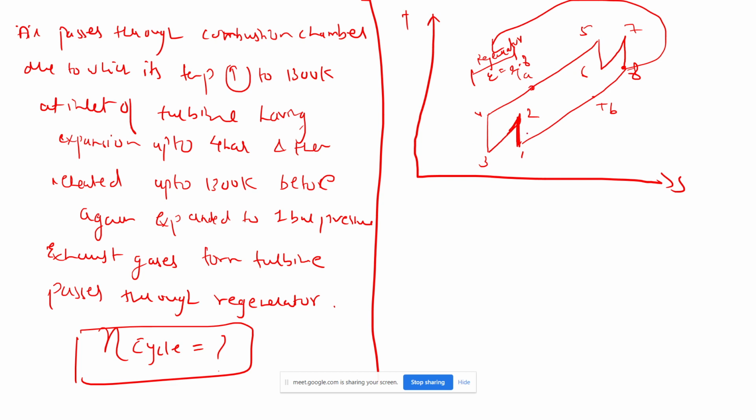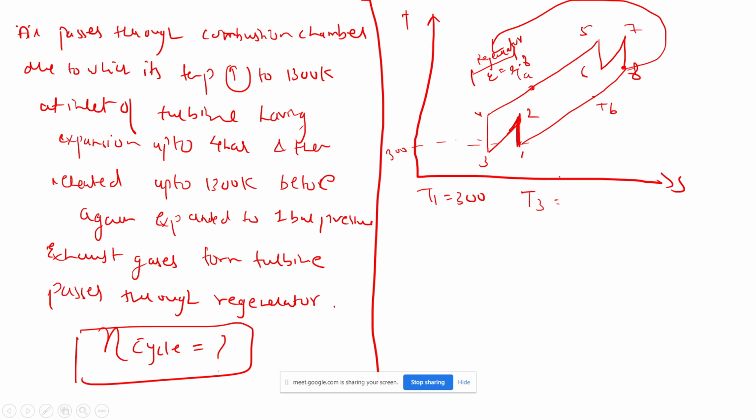What they have given is that the temperature of the inlet air is 300, so T1 is 300. T2 they have not mentioned.